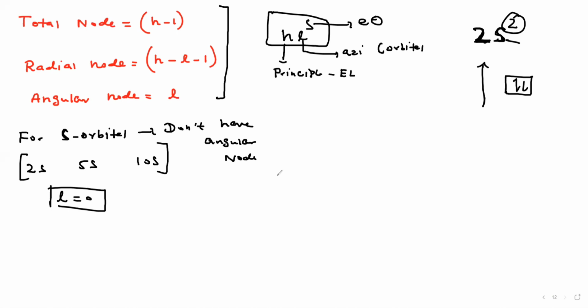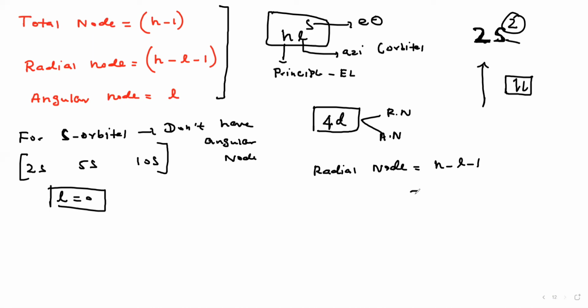See, I give one more problem. I take the 4d orbital to find the radial node as well as the angular node. Now it's very simple, right? What is the radial node formula? It is n minus l minus 1. What is the n value? It belongs to 4, and it is a d orbital. What is the l value? 2. So 4 minus 2 minus 1, the answer is 1.